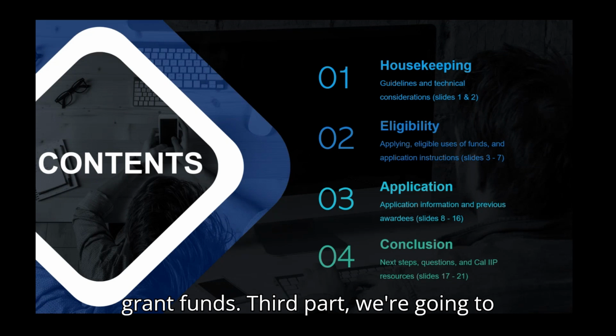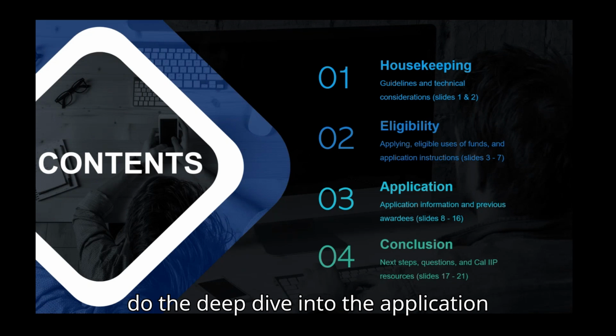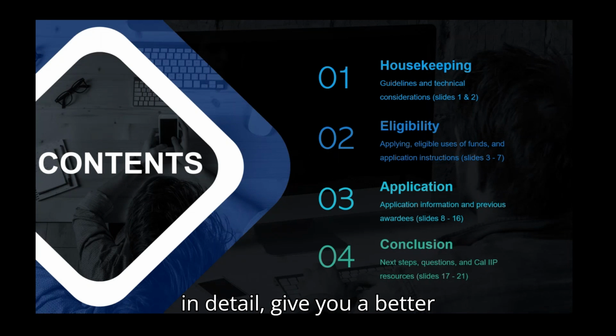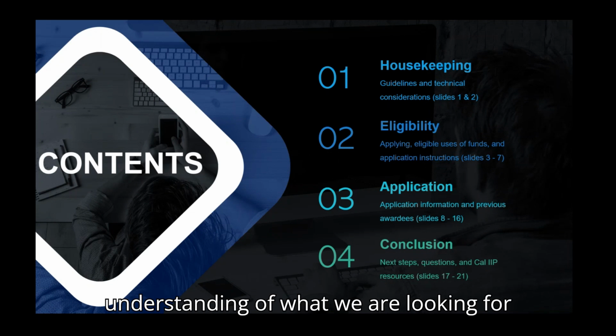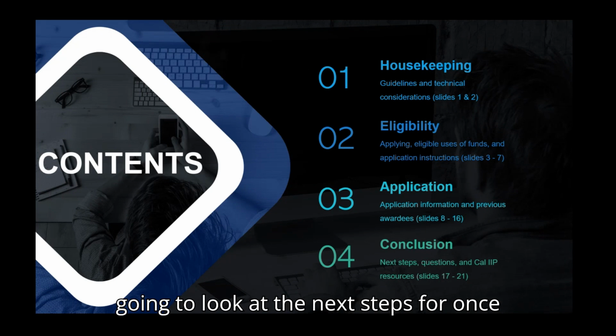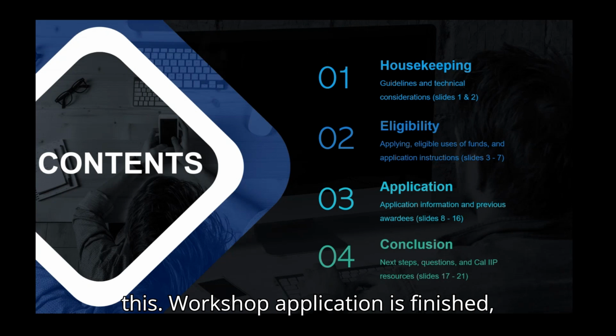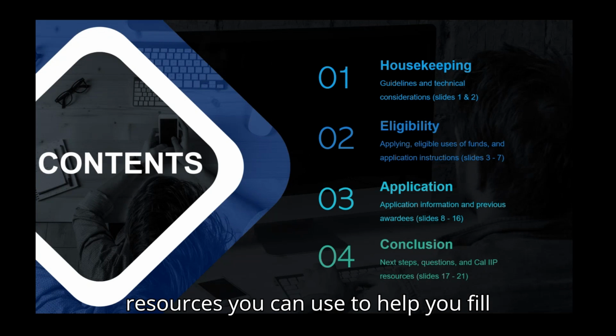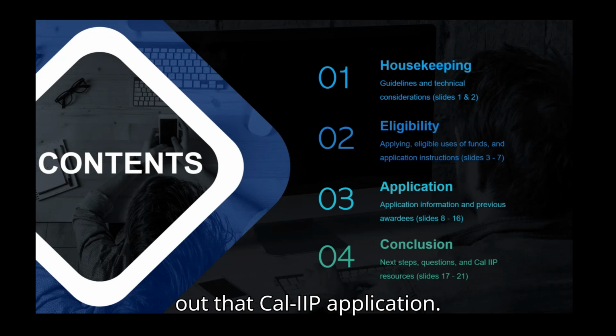The third part, we're going to do the deep dive into the application itself and go over the questions in detail, give you a better understanding of what we are looking for with the answers. And the last part, we're going to look at the next steps for once this workshop application is finished, answer questions, and give you some resources you can use to help you fill out that Cal-IP application.